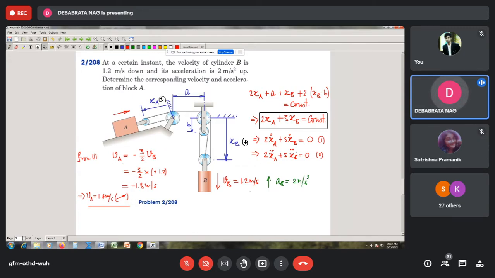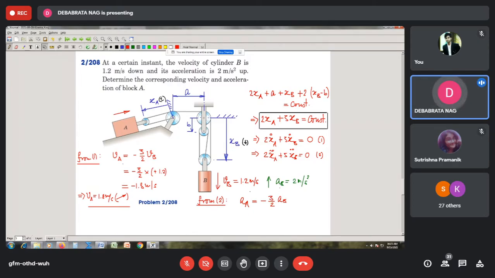Now again, if I take from equation 2, so we have used equation 1, and now we are using equation 2. From 2 we can write that acceleration of block A is going to be minus 3 by 2 times acceleration of block B. Now here acceleration of block B is being given in the upward direction, so it is in opposition with xb.